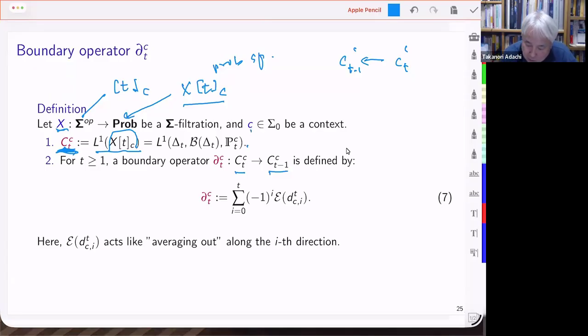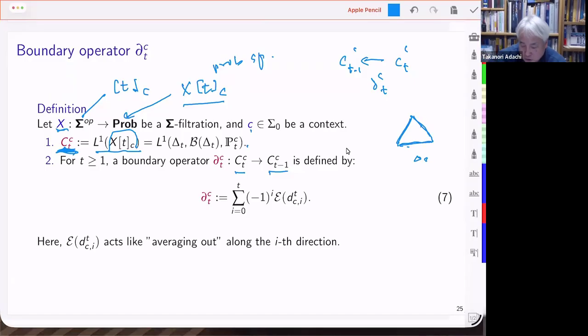And then from the future to now, we define the boundary operator. The boundary means that, remember, if this is the simplex Delta^2, we have three faces, and we have the projections to each face. So using these projections, we make this boundary map.